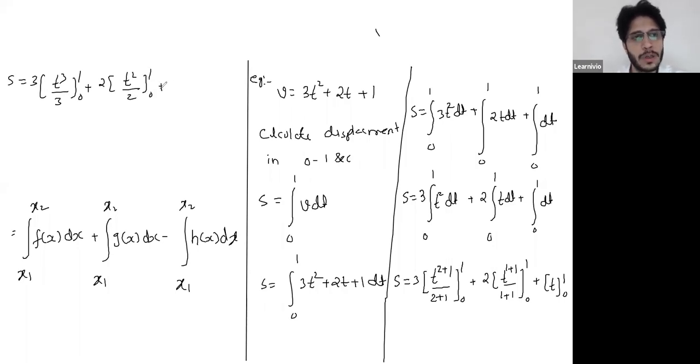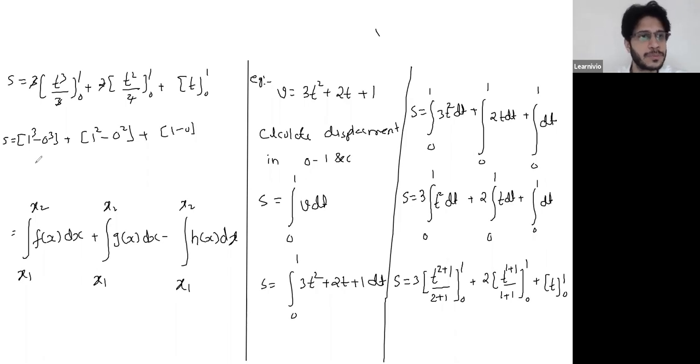Limit is from 0 to 1. And this is t. Limit is from 0 to 1. This 3 will cancel this cube. This 2 will cancel this square. So the displacement is 1 cube minus 0 cube, 1 square minus 0 square, plus 1 minus 0. So displacement is 0.